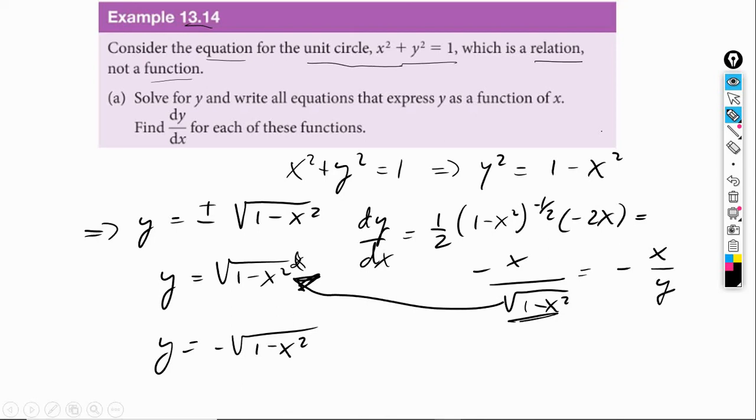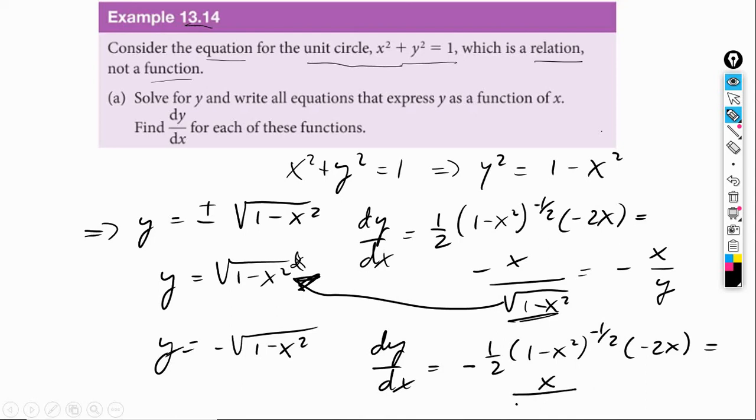Okay, let's do the next one. So the second case. Here the derivative would be equal to 1/2 or minus 1/2 times 1 minus x squared to the minus 1/2 times minus 2x, and this is going to equal x over the square root of 1 minus x squared.